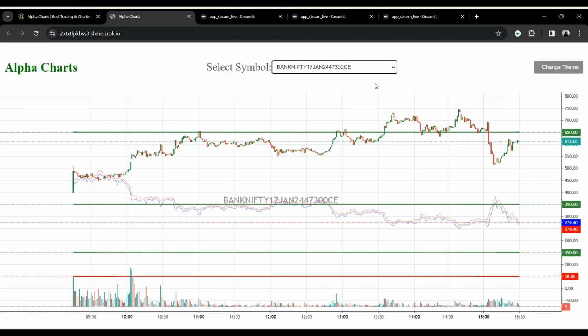Let's take a look at Finifty, C and P, and what we should do in the reversal chart. C, let me see, is here.